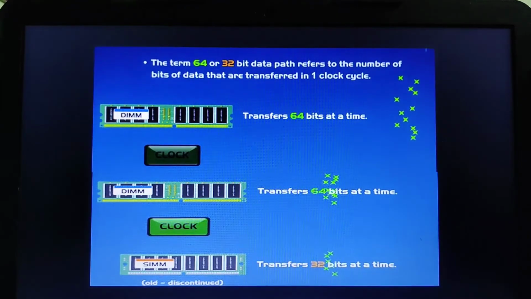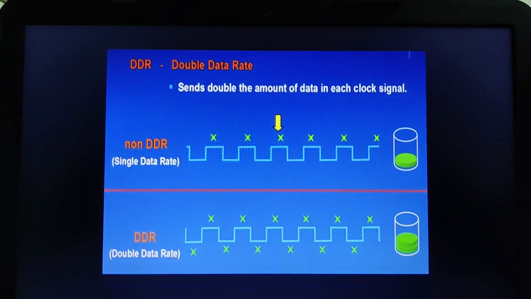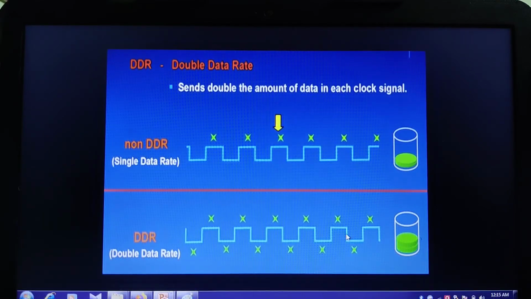Moving on, the next type of dynamic random access memory is double data rate synchronous dynamic random access memory, or in short DDR SDRAM. This DDR SDRAM works very similarly to the SDRAM itself, but here the data transfer rate is double compared to the synchronous dynamic random access memory.